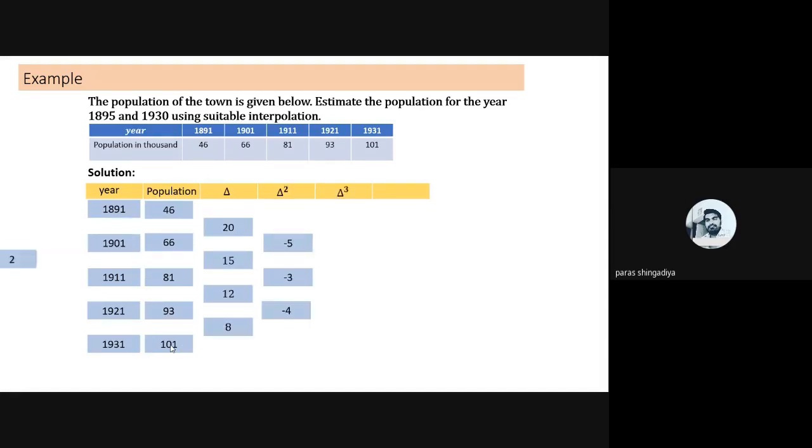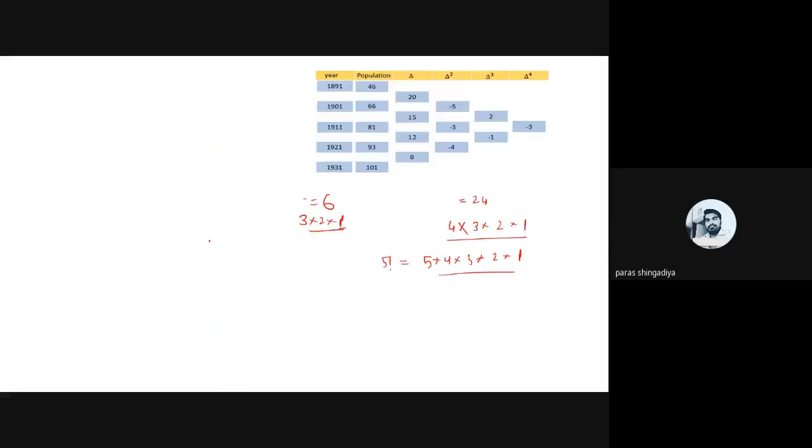Then in the third one, two values are given, 1895 and 1930, to identify the populations for the years 1895 and 1930. For this table we'll use both formulas to predict the answer.